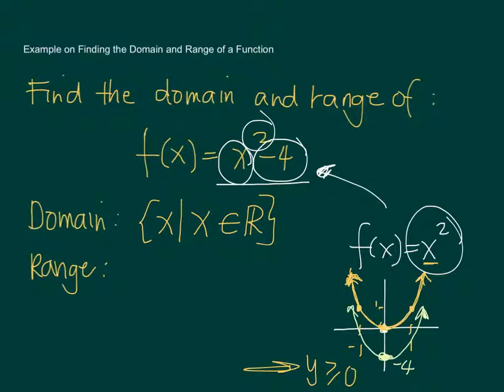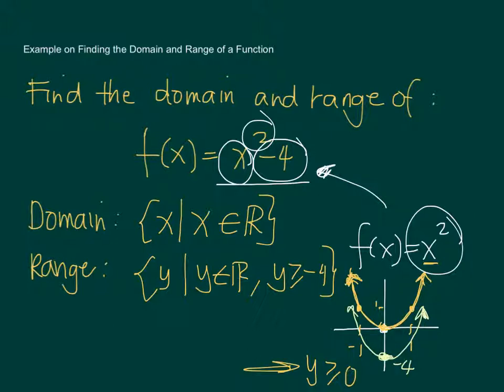If I want to identify the range of the function, as we can see in the graph, it's all the y values that are greater than or equal to negative 4, and there are no values below negative 4. So the range is y, where y is a real number, but y should be greater than or equal to negative 4.